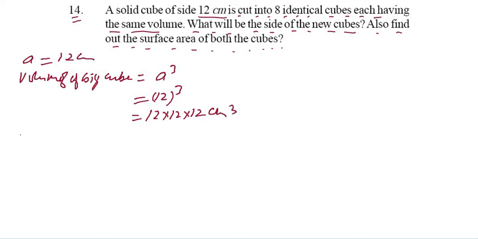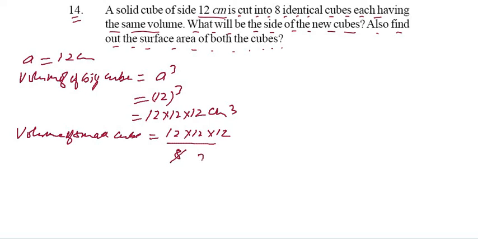And now volume of small cube is equal to 12 into 12 into 12 divided by 8. So 8 2s are 4, 4 2s are 8. So first 4 2s are 6, and 2 2s are 4. So 2 6s are 6, and 2 1s are 2. So we can say it is 6 into 6 into 6.